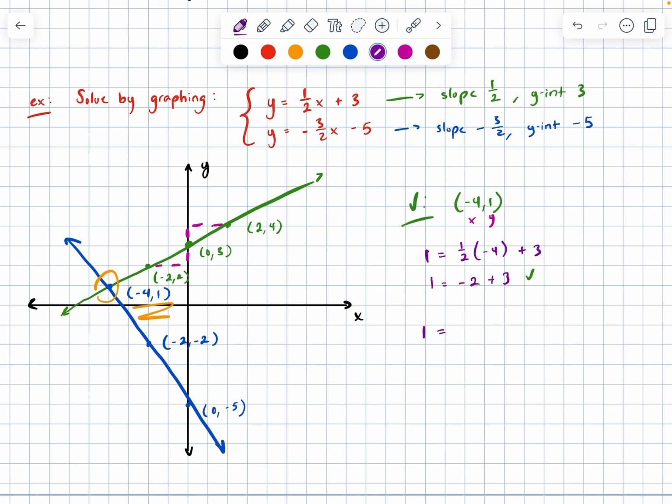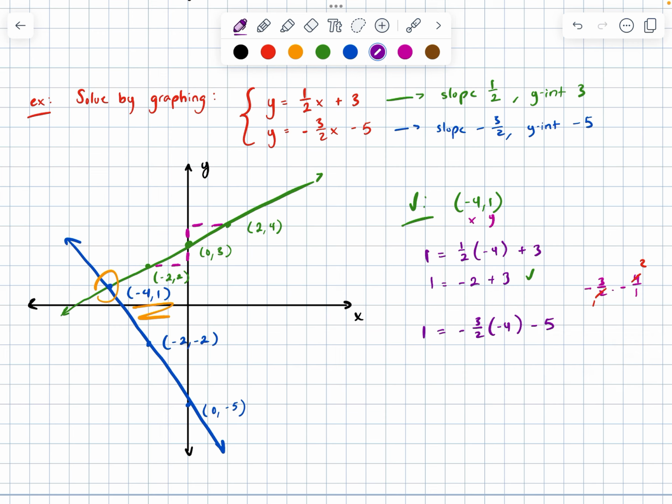And for our second one, 1 should be equal to negative 3/2 of negative 4 minus 5. So from here, I need to do negative 3/2 times negative 4. That's not too bad. Negative 3/2 times negative 4/1. If I cancel out here my common factors, well, I've got a 1 and a 2 left over.